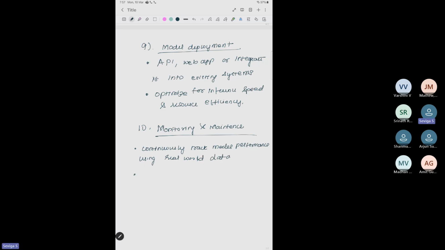And also, as per time, we have to update the model. We cannot use the same model for a long time. We need to keep updating it, because the data might change or the model will get outdated with the data.